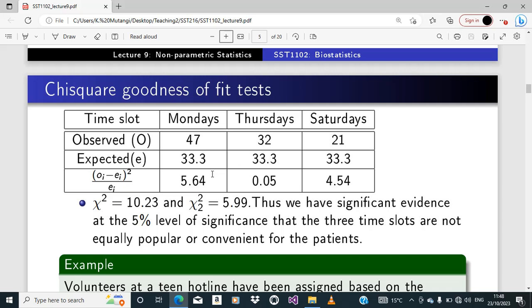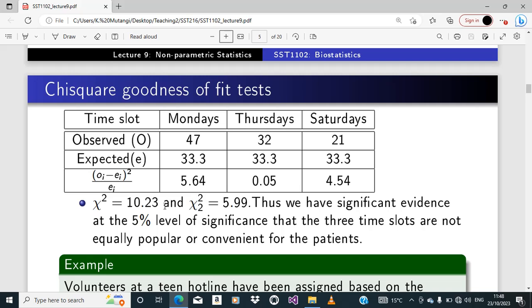Now, you then have to use observed minus E_i, squared, over E_i. To get 5.64 here, it means we subtracted 47 minus 33.3, squared that difference and then divided by 33.3 to get 5.64. The same applies to this class here: it was 32 minus 33.3, you square the difference and then divide by 33.3.